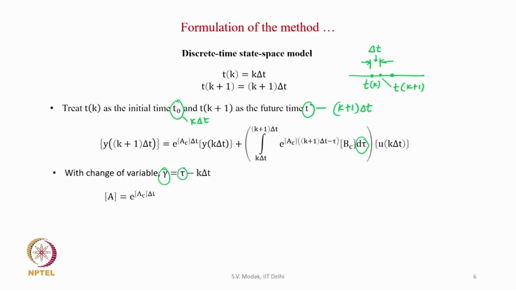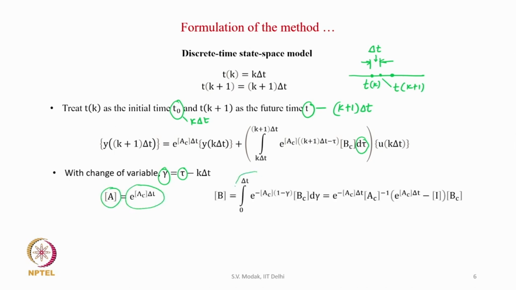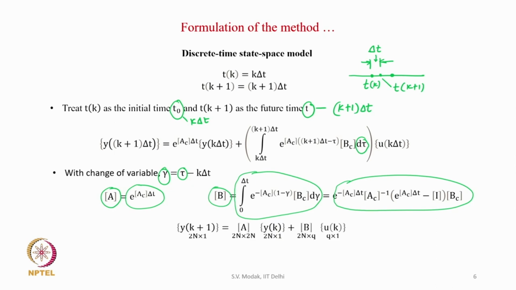We are representing the term e to the power A c delta t by matrix A, and we are representing this complete integral, which simplifies to this term, by matrix B. When these changes are incorporated, we basically get this equation.